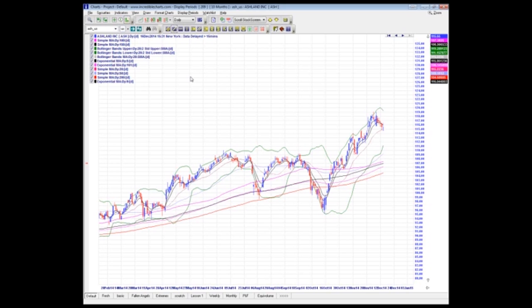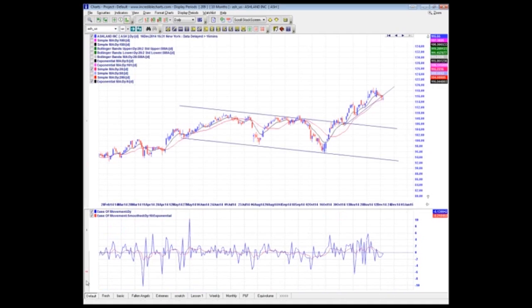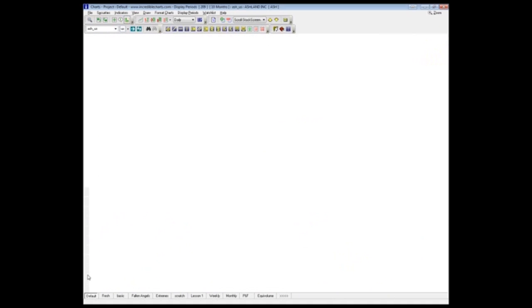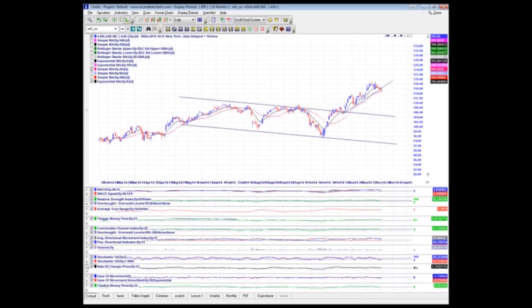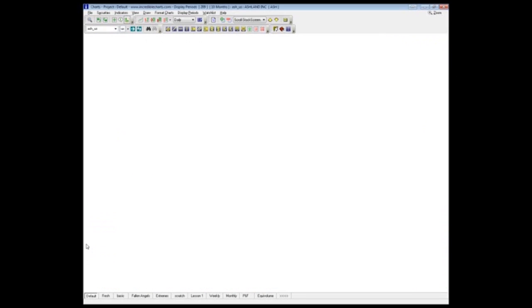We can go to our MACD. We can see we've turned negative on the MACD. And we can look at that ADX, which is in directional movement systems.